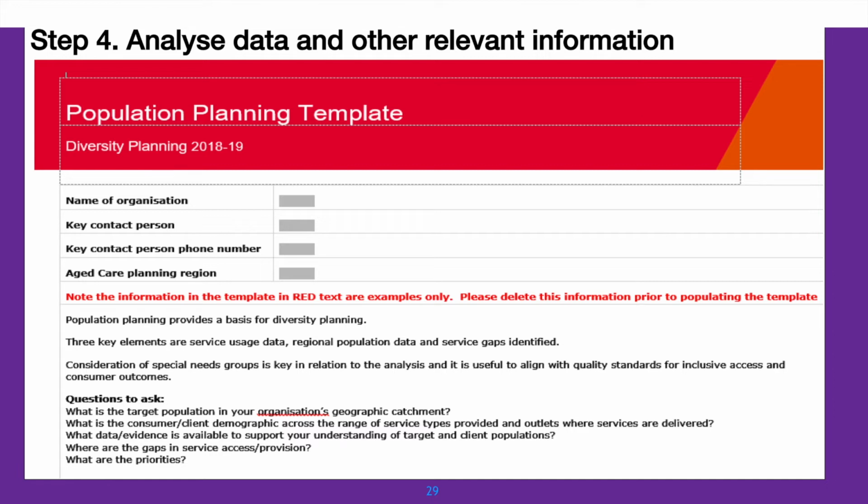So I advise you to Google that and have a look at what work they've done, because that's a great example of being able to identify a group of people that they want to work with, going in and finding the data, then comparing it with their internal data, and then putting some actions into place that demonstrate that they have got a strategy to be able to increase the numbers that weren't otherwise accessing their service.